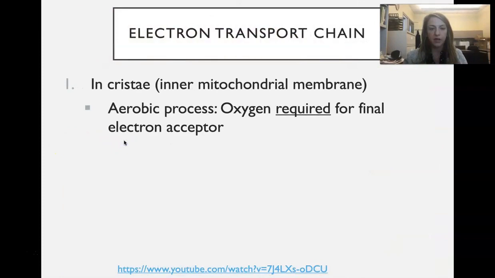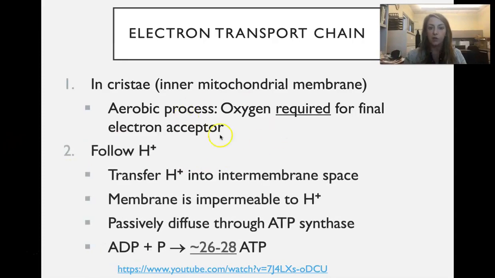Okay, so in the inner mitochondrial membrane, now we're requiring oxygen. Oxygen is required because it's a final electron acceptor. It's accepting all those electrons that were transported there earlier in the process. Okay, so without oxygen, this can't happen. Without oxygen, you can't have the most efficient production of ATP.